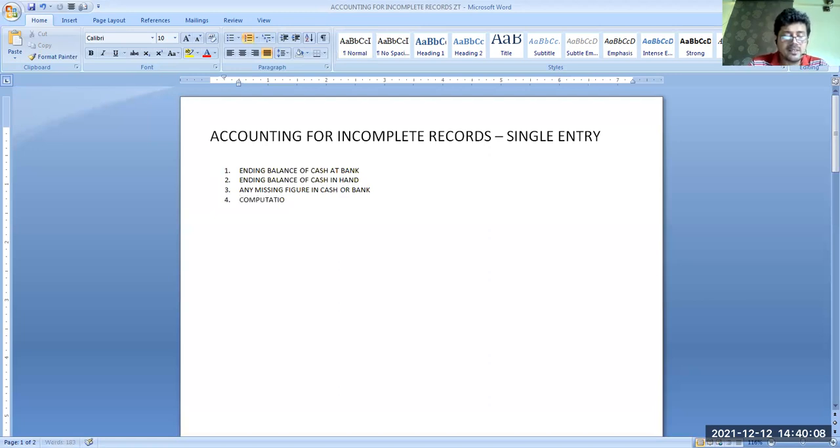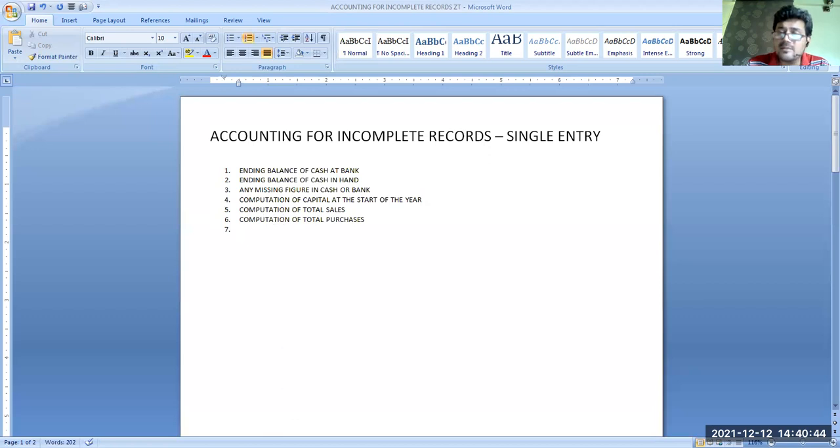Then computation of capital at the start of the year. Then computation of total sales. Then computation of total purchases.